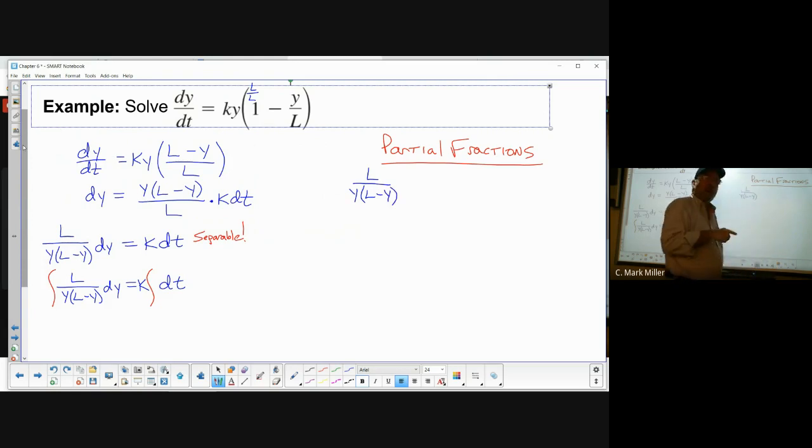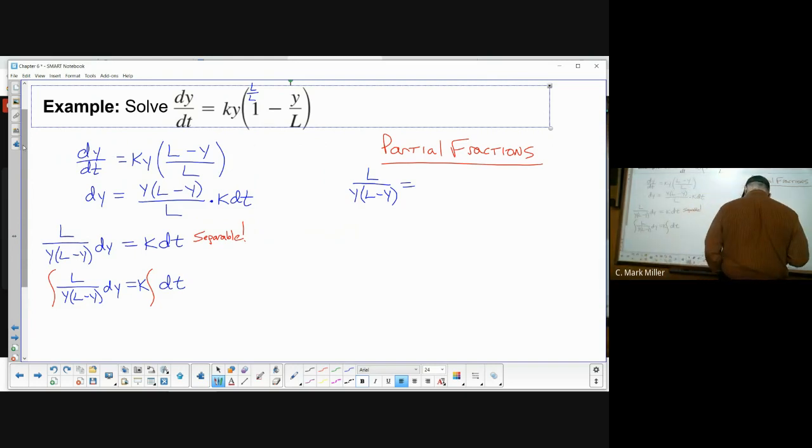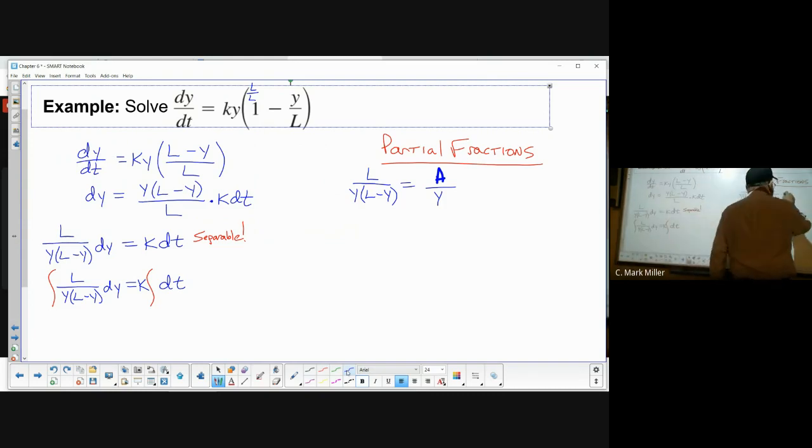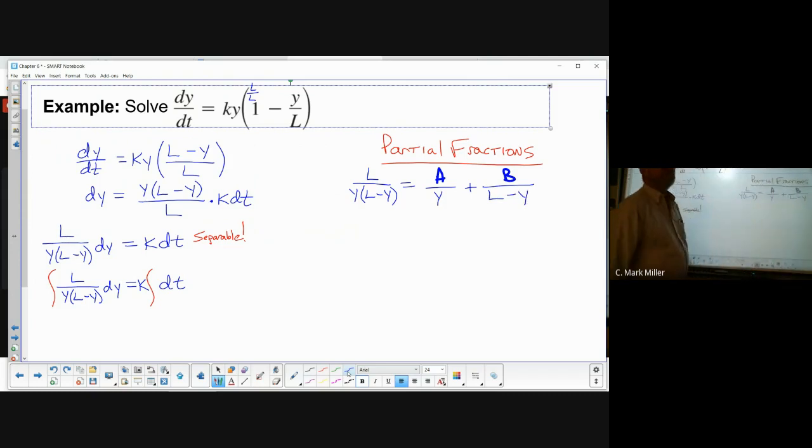The variable is y. L is a constant. So the method of partial fractions says this can be written as A over the first factor in the denominator plus B divided by the second factor in the denominator.